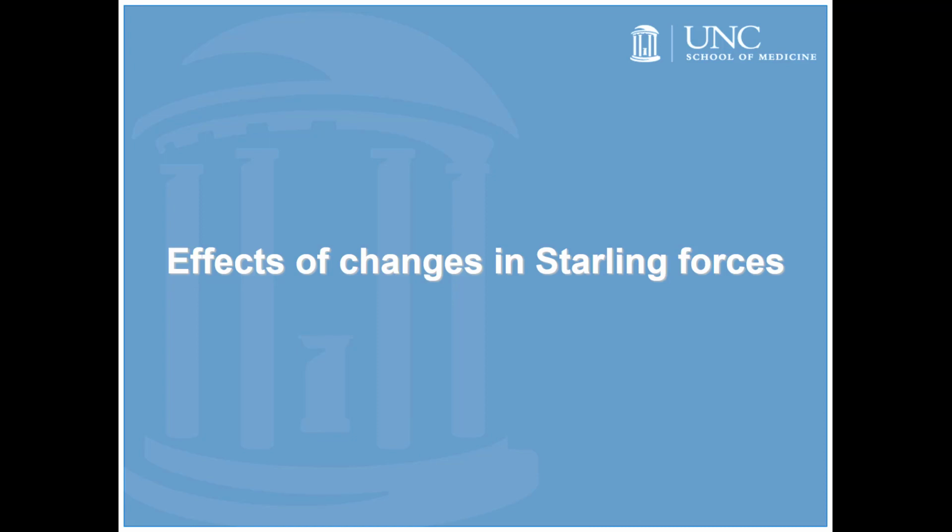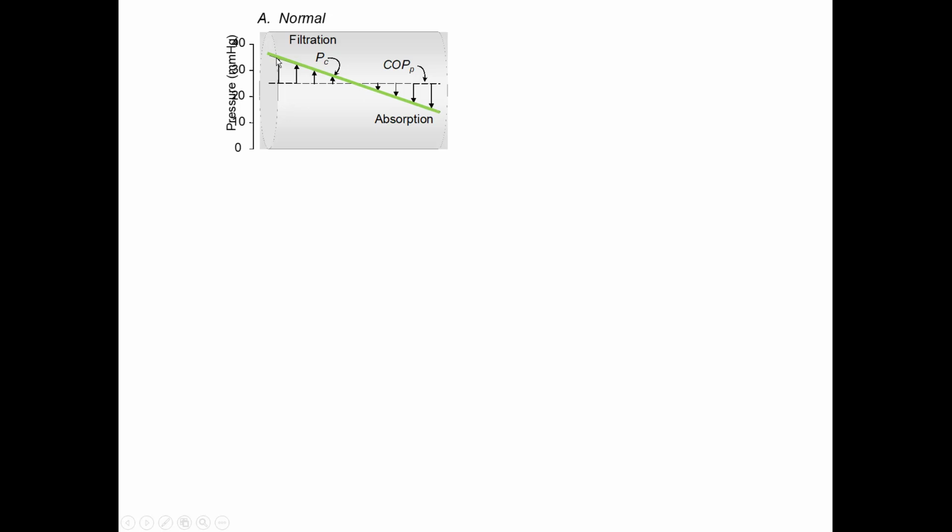So now let's just briefly look at some of the different ways that ultrafiltration can be affected when there are changes to these main Starling forces. This first image shows an example of a normal capillary bed. Hydrostatic pressure is here in green, and on the arteriolar side it's high, but as blood flows across the capillary, the hydrostatic pressure decreases because of the resistance.